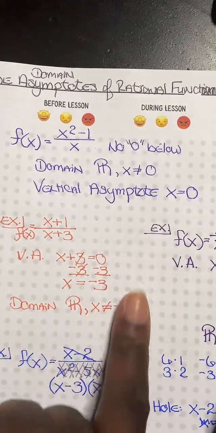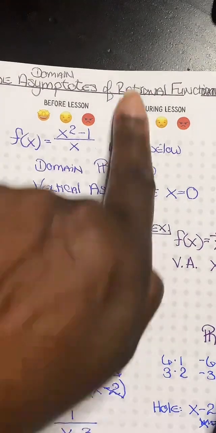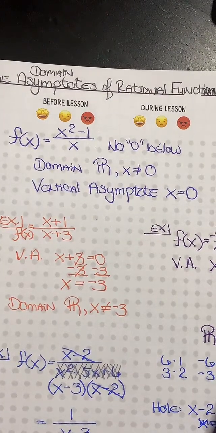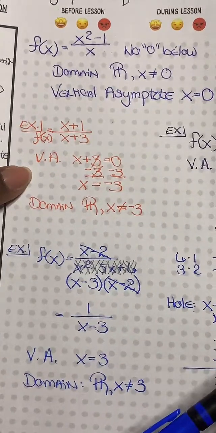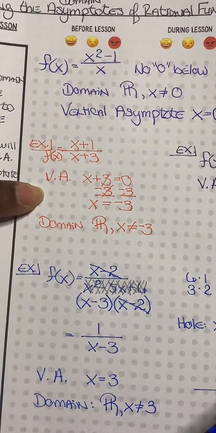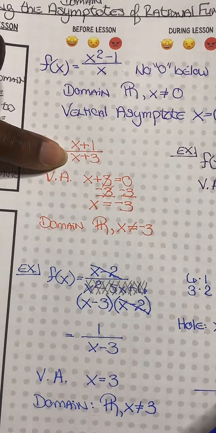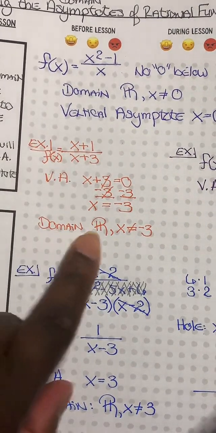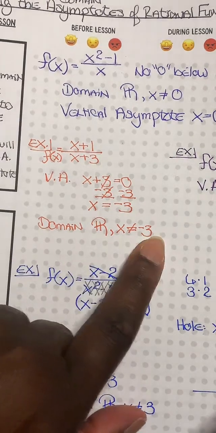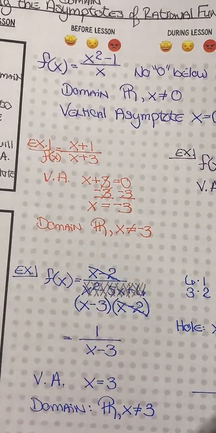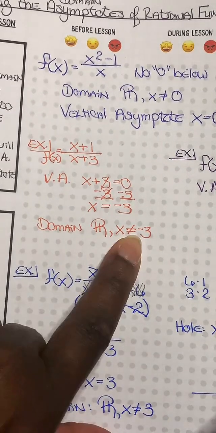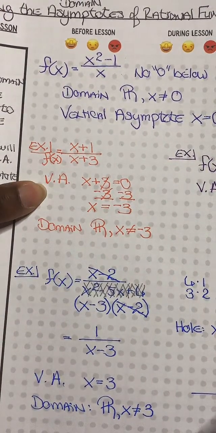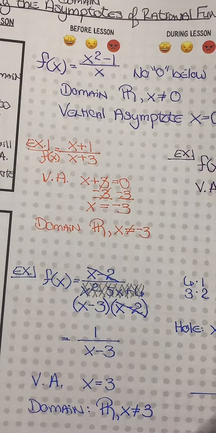That's going to be the boundary line, vertically, straight up and down. Anytime you want to find the vertical asymptote, set your denominator equal to 0, and whatever it equals, that's going to be the restriction for your domain. Whatever the domain shouldn't be, that's what your vertical asymptote is.